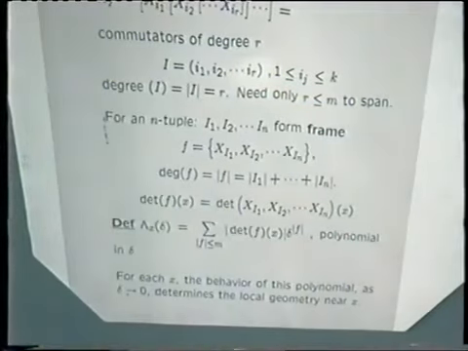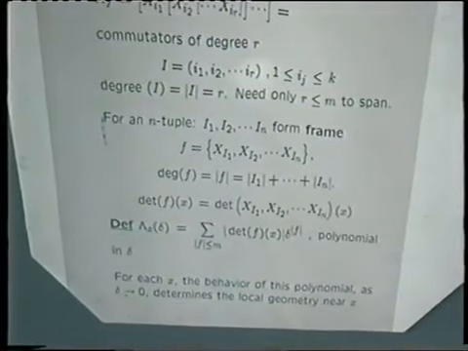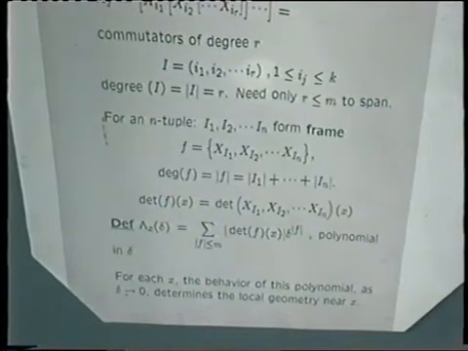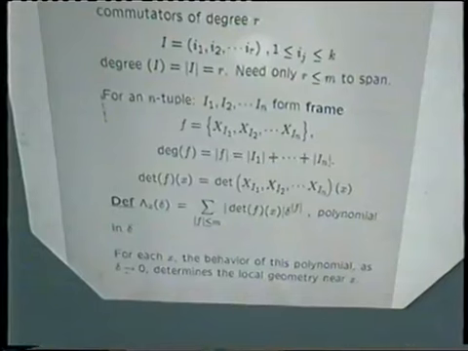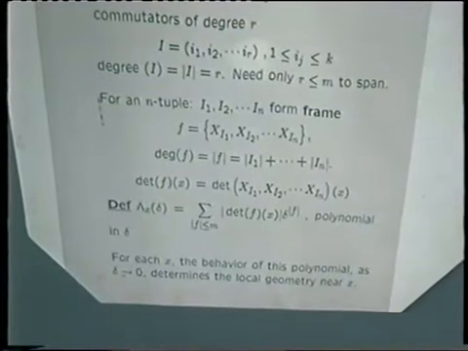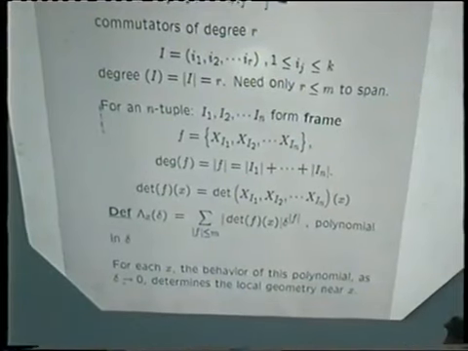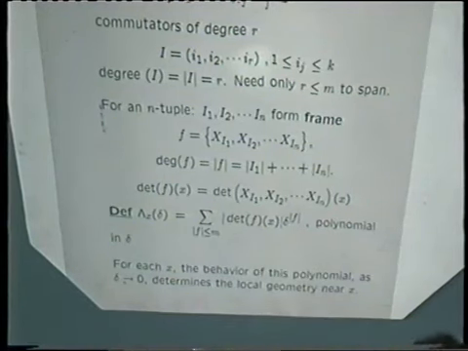And now we are lying in an n-dimensional space, so we form frames. A frame is any n-tuple of these multi-commutator vector fields, and we assign a degree, which is just the sum of the degrees. And then we also assign the determinant of each frame. We have now n vectors in n-dimensional space, and the determinant tells you the degree to which you have genuine linear independence.